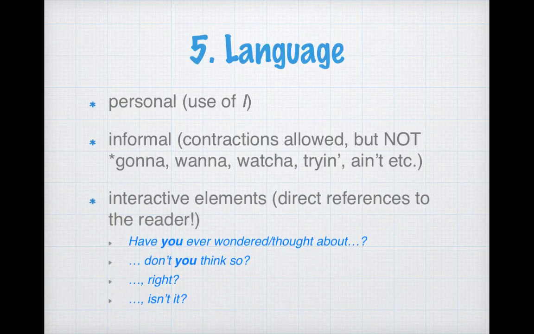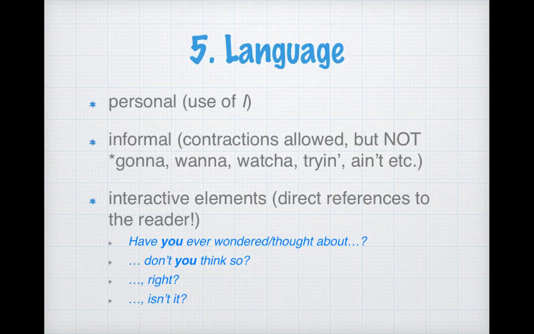Then a very important characteristic of a blog are the interactive elements. So you may ask now, what is an interactive element? Well, it's very simple. Basically, they are direct references to the readers, meaning that you directly speak, that you directly address the people you are writing for. And these are some examples of how you can do that.